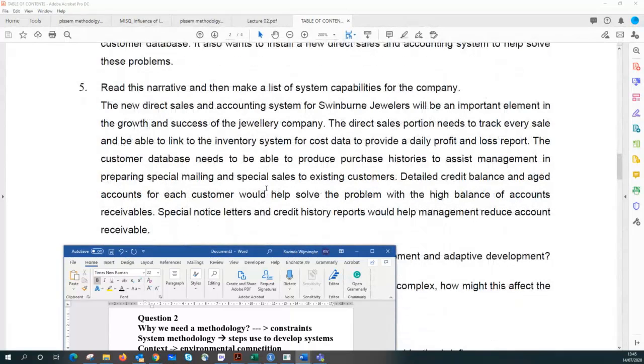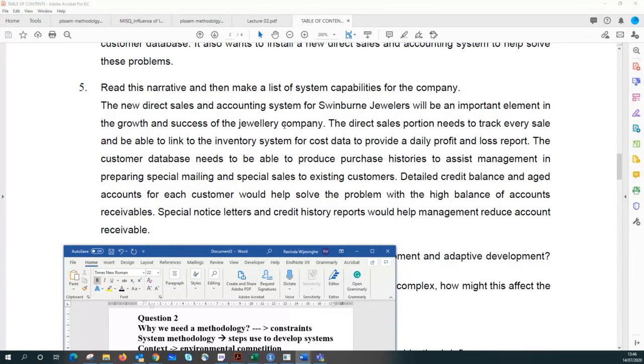This time they ask us to develop some system capabilities. Let's read the same narrative but with a little extension. The new direct sales and accounting system for Swinburne Jewelers will be an important element in the growth and success of the jewelry company.